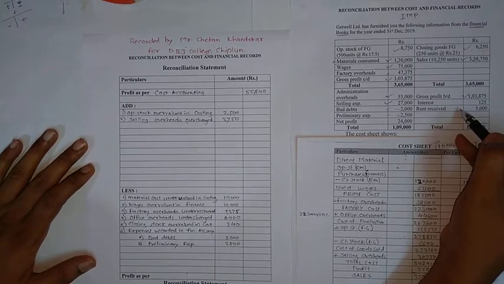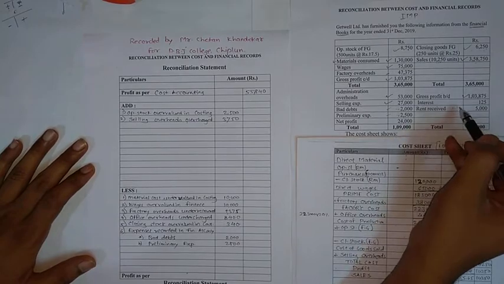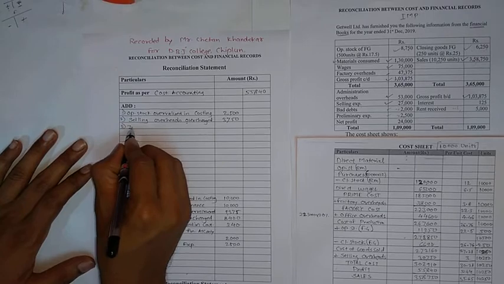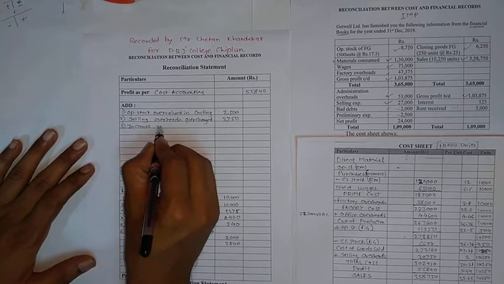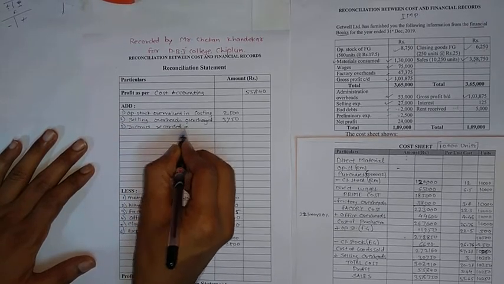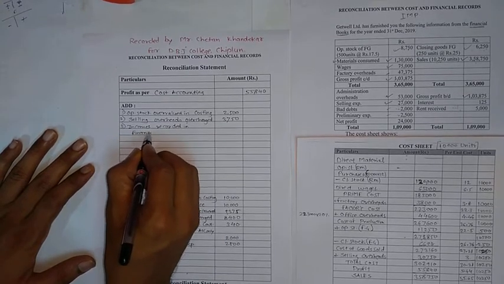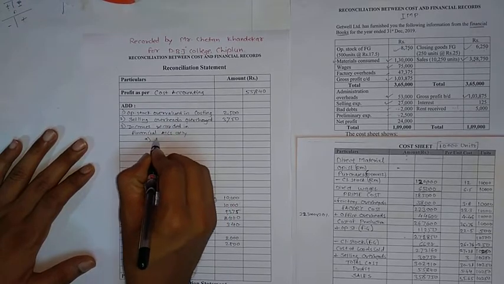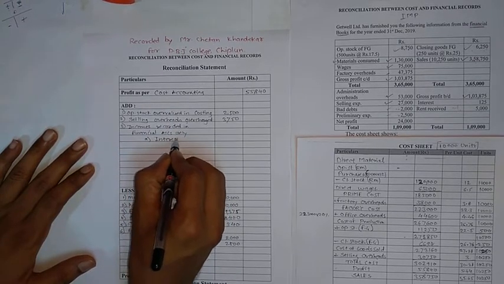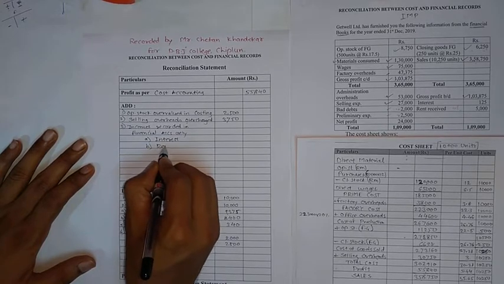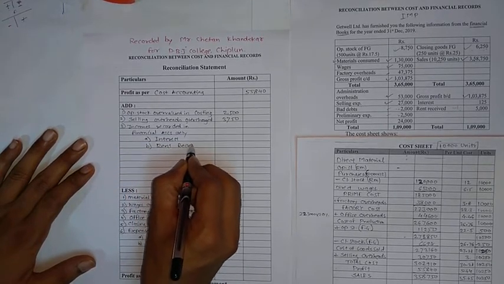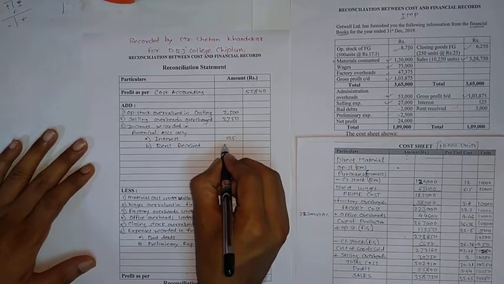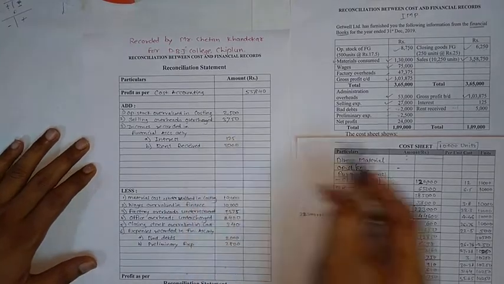Incomes are not at all considered in cost sheet, so they will be added as per our format. Incomes recorded in financial accounts only, in that first is interest and second is rent received. Interest is 125 and rent received is 5,000.